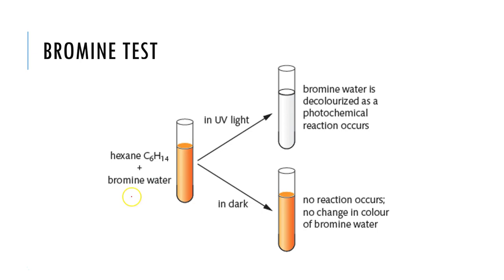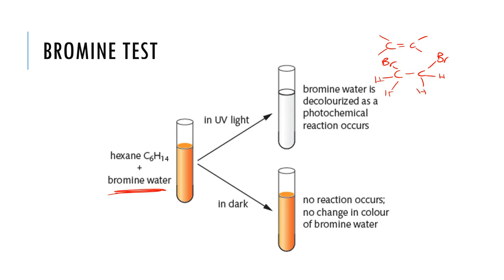Just a quick point. Hopefully you're now saying, hang on, when we did the bromine test, you said it would decolorize in the presence of an alkene, which it does because it adds across the double bond. But if bromine can react with an alkane, wouldn't it decolorize bromine as well?